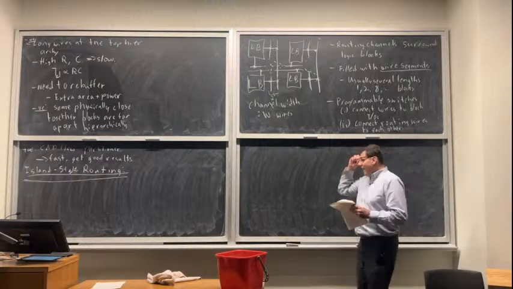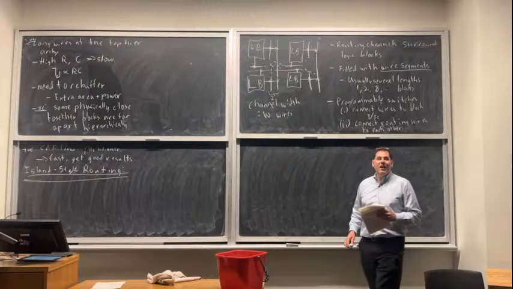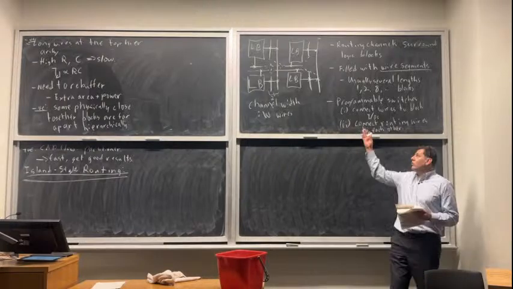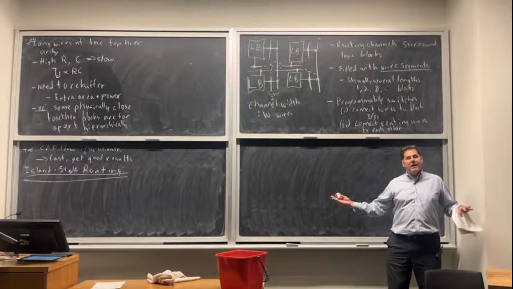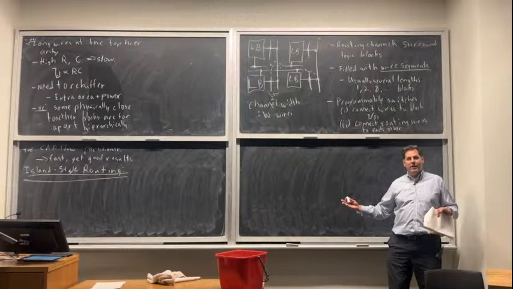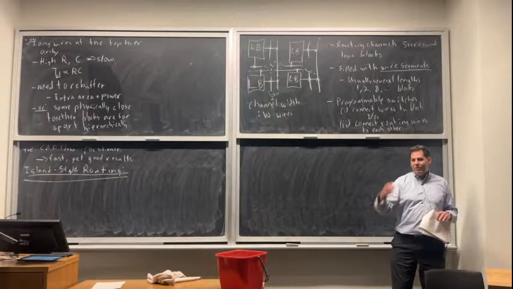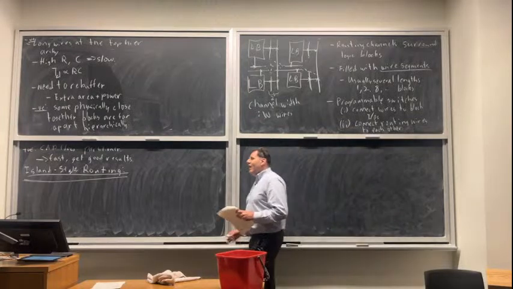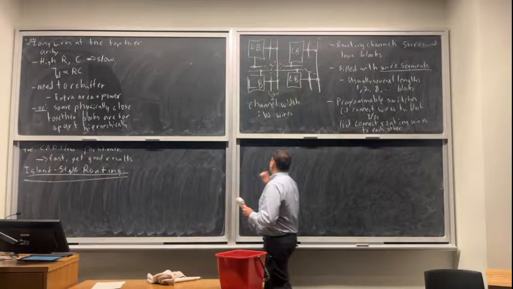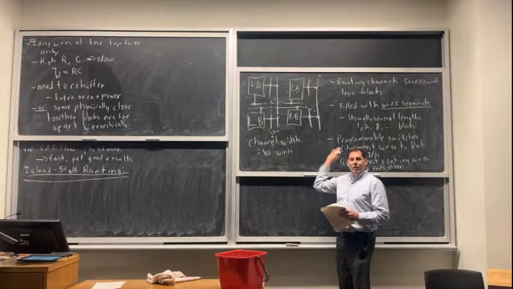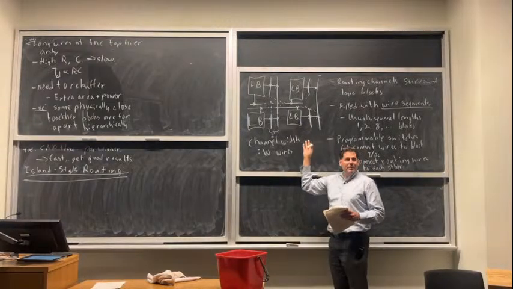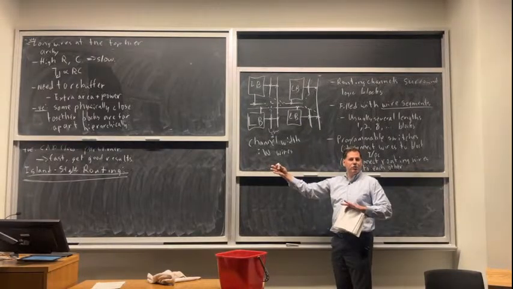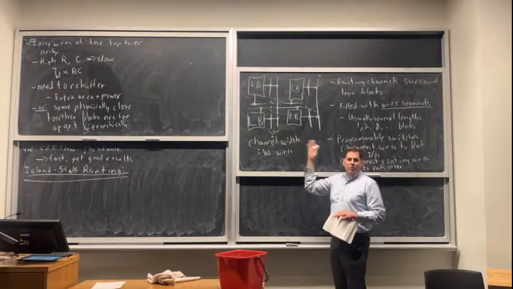So maybe I haven't told you enough detail. I can choose what the lengths of these different wires are. I just won't make any wires that are so long that they're really inefficient. And this actually goes to your answer during the hierarchical FPGAs: instead of making some really long wires, break them up at the point where the resistance is getting too much and put programmable switches in between them.